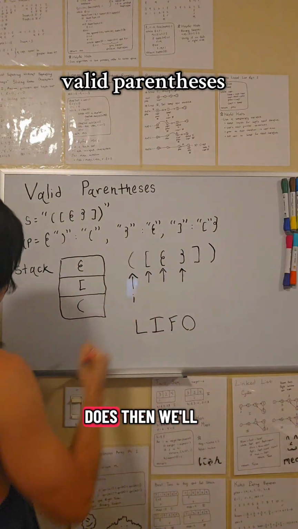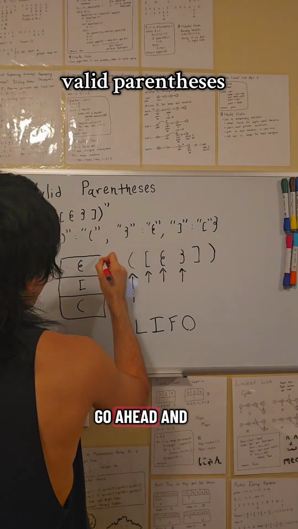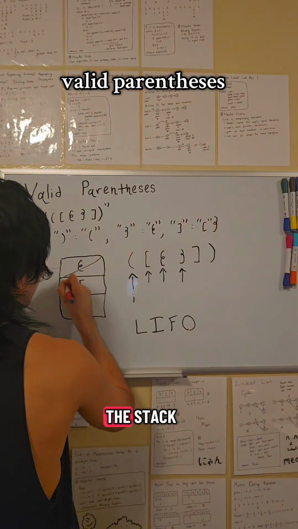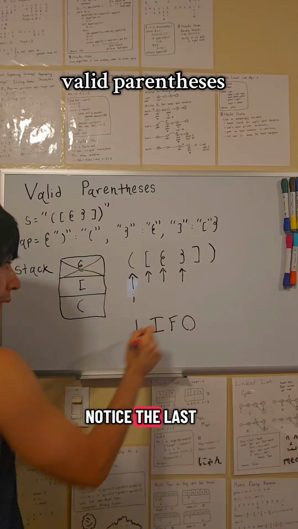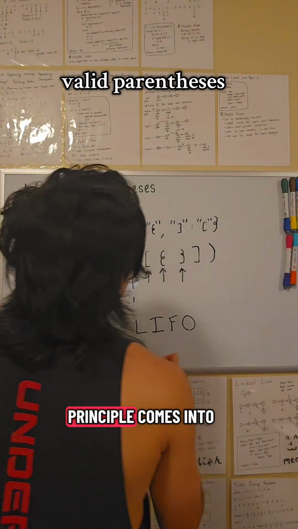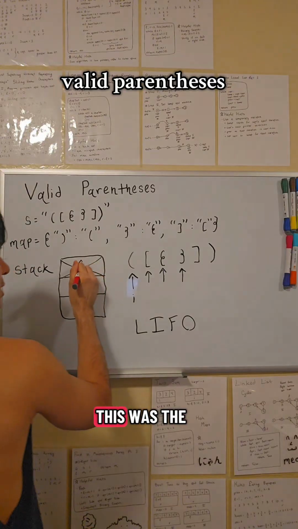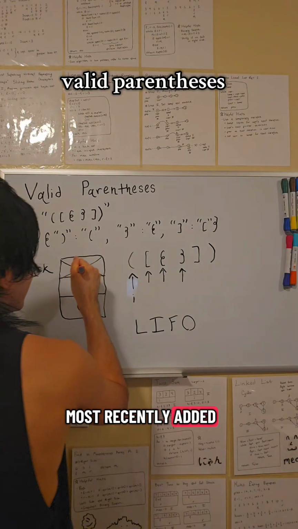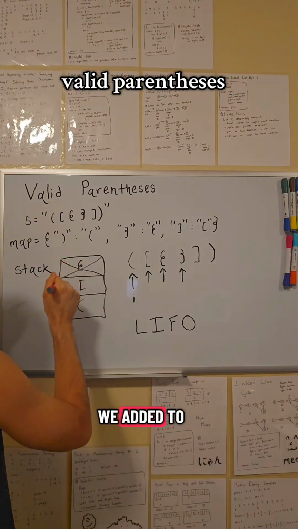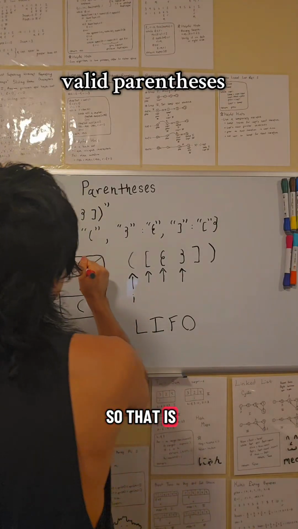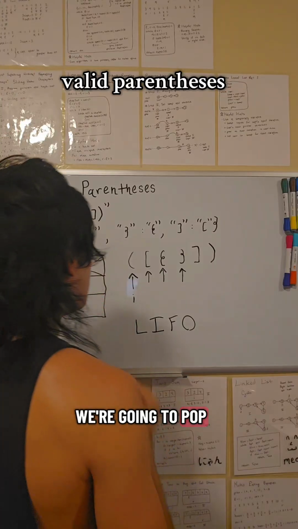And if it does, then we'll go ahead and pop that from the stack. Notice the last in, first out principle comes into play here. This was the most recently added open bracket that we added to the stack, so that is the one that we're going to pop.